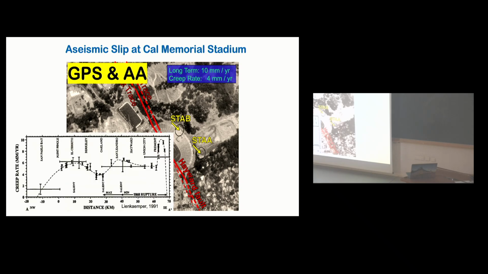And using various kinds of surveying techniques, alignment arrays, field measurements, creep meters, and other ways of measuring creep along the fault, already by the 1990s, we knew that creep is sort of 5 millimeters per year plus minus 2-3 millimeters per year.